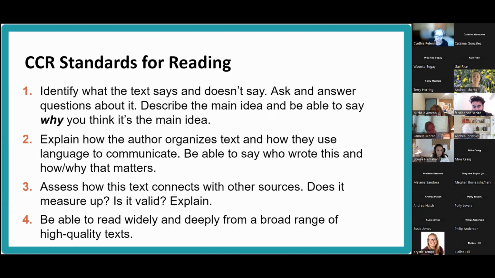That's where you're driving the student back to the text to show evidence, being able to explain how an author organizes text, who wrote it, why it matters, and assessing how this text connects with other sources. So already we've had different examples of two sources of students talking about crossing the desert, right? So it's multiple sources on a similar topic.